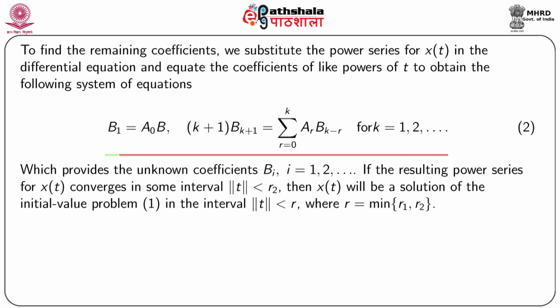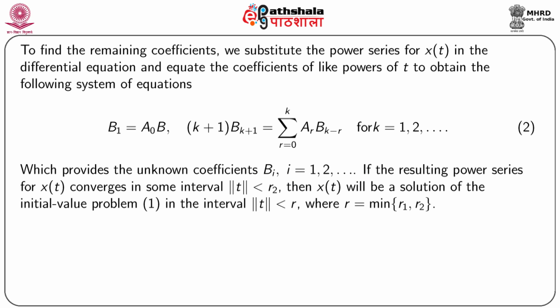B1 is equal to A0 B, and (k plus 1) B(k plus 1) is equal to summation r equal to 0 to k of Ar B(k minus r), for k equal to 1, 2, dot dot dot, which is given by equation 2, which provides the unknown coefficients Bi for i equal to 1, 2, dot dot dot.